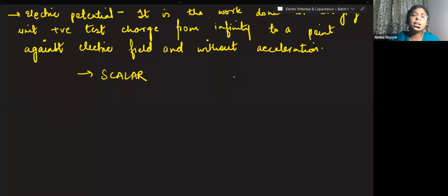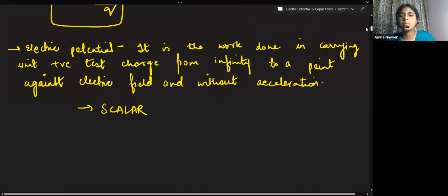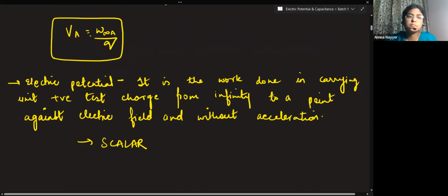Salman, tell me the SI unit of potential. This is the formula. Potential is work done per unit charge.